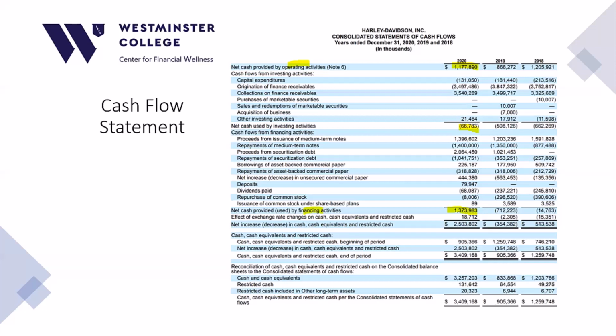What's interesting here is that Harley-Davidson doesn't even provide the detail behind the net operating cash flow, if you'll notice. They just give us the balance. And that's because this is included in their notes to their financials. All right, what are notes to financials? The notes to the financials are the narrative information that's included with the financials.